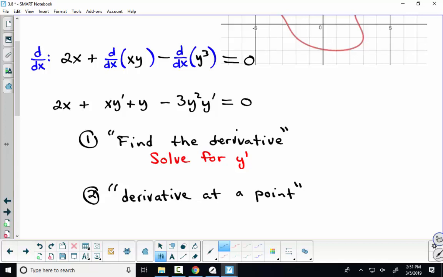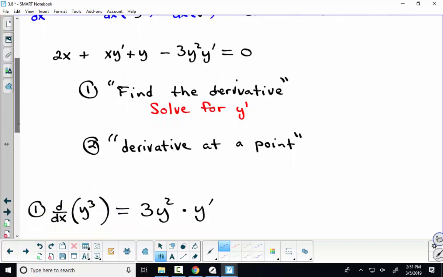Honestly, finding the derivative at a point I think is easier, because if all you're asked to do is find the derivative at a point, we just take the point x, y and plug in. When we do that, it's going to give us a bunch of numbers times plus or minus or times y prime.